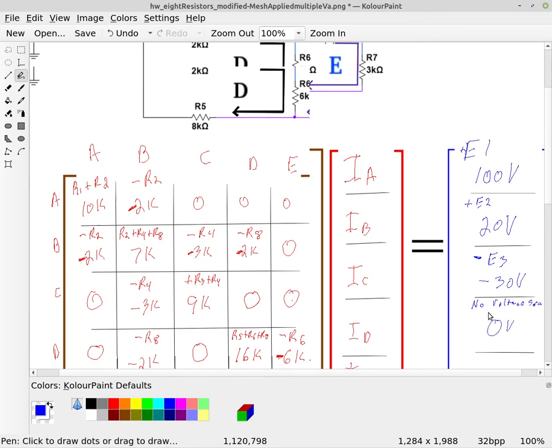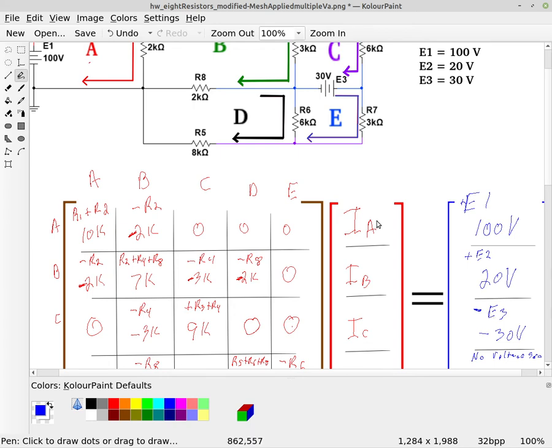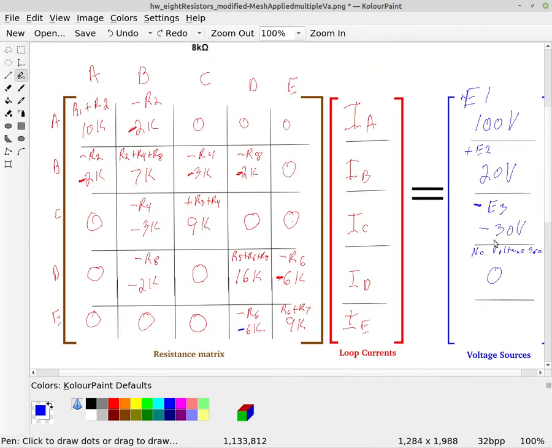And then loop E also has supply E3, this 30 volt supply, but here the 30 volt supply is pushing in the same direction as E. And so therefore E is a plus E3.